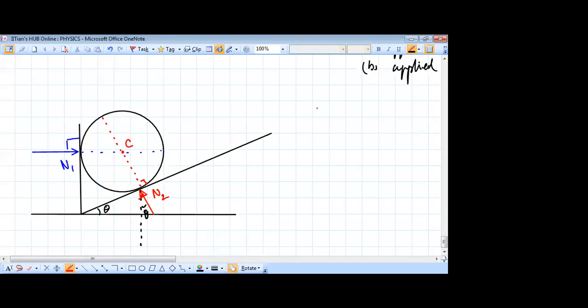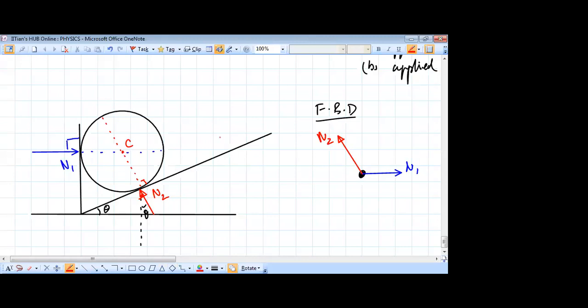So now when we make the free body diagram, the forces acting on it are this normal reaction, which is horizontal, and this normal reaction, which is perpendicular to this surface.